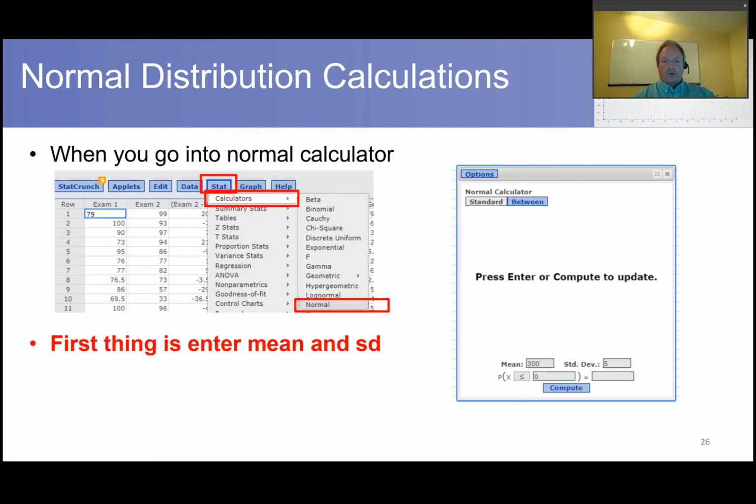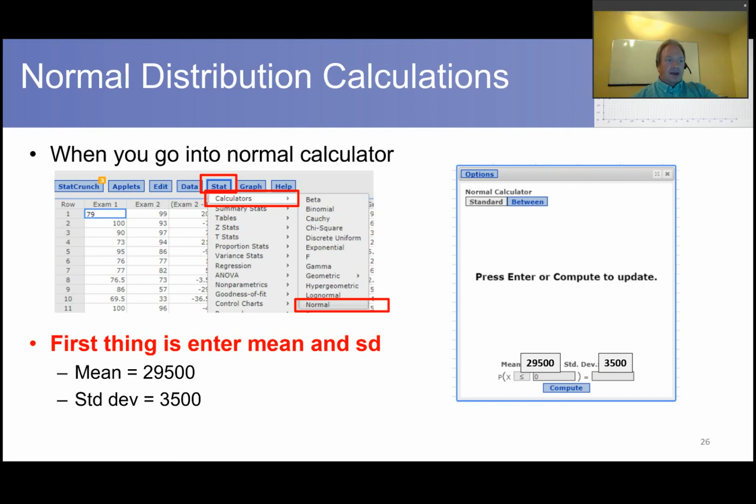When we click on this, a window will open up. We're going to type the mean and the standard deviation in. So I'm going to put my mean of 29,500 without a comma in the box next to the mean. And I'm going to fill in the field next to standard deviation with 3,500.